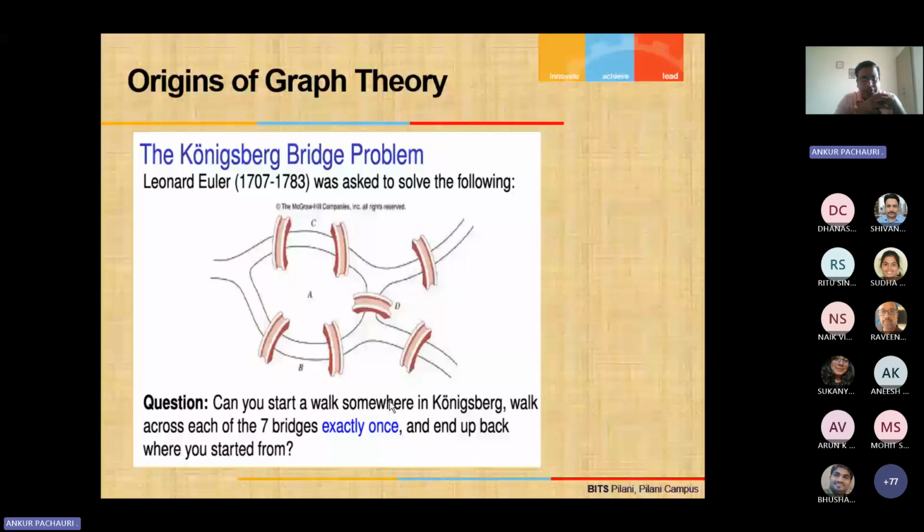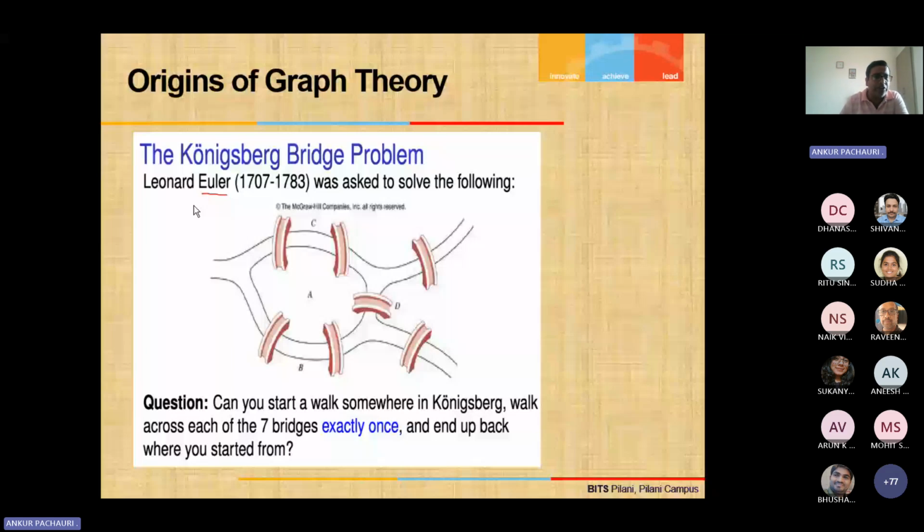If I go as per the book, there was a person with the name Euler. You may find this name in many places. The pronunciation of this name is Euler. His full name is Leonhard Euler.